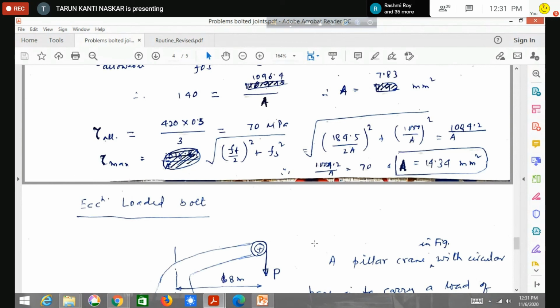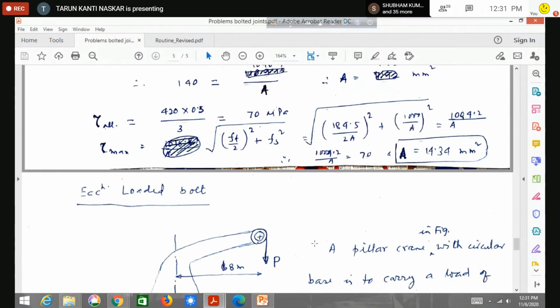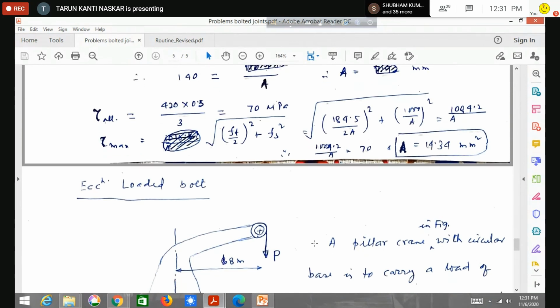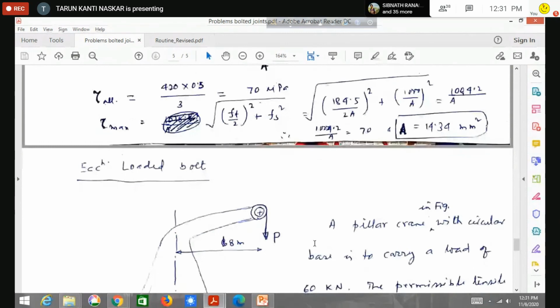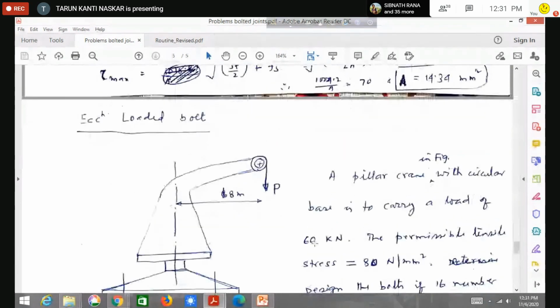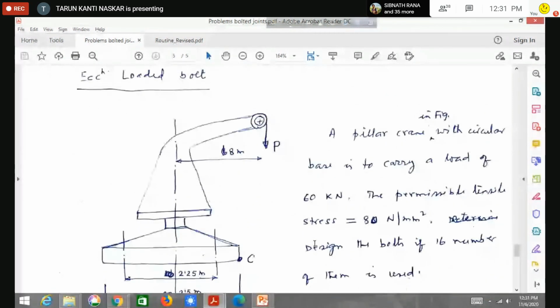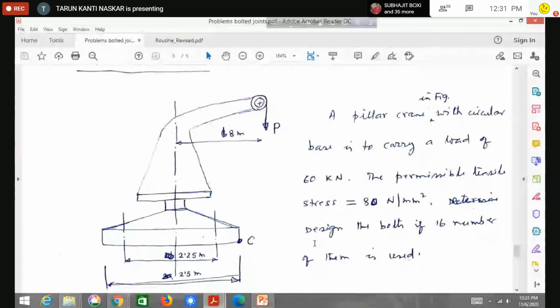Now eccentrically loaded bolt for circular base, another example, that is the pillar crane. A pillar crane in figure with circular base is to carry a load of 60 kilonewton. Permissible tensile stress 80 Newton per millimeter square. Design the bolts if 16 number of them are used. That means 16 number of bolts are used.